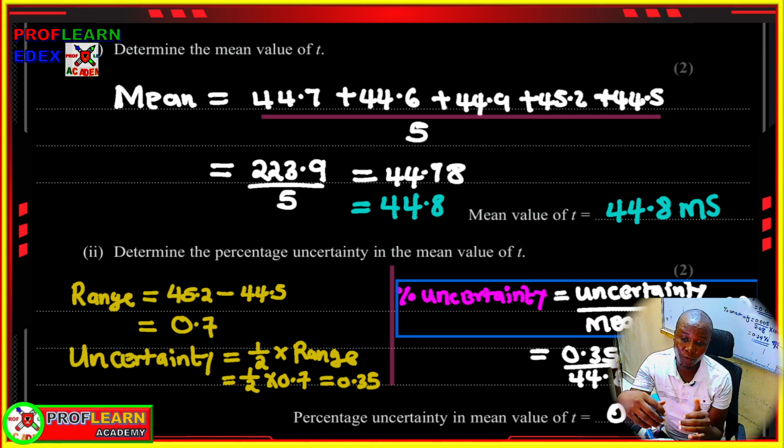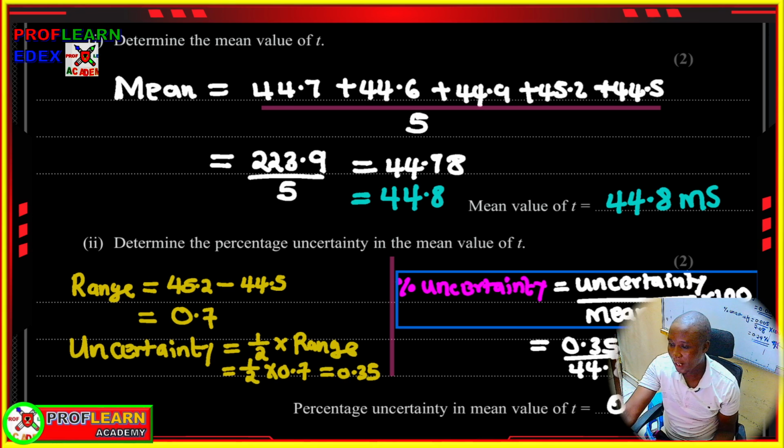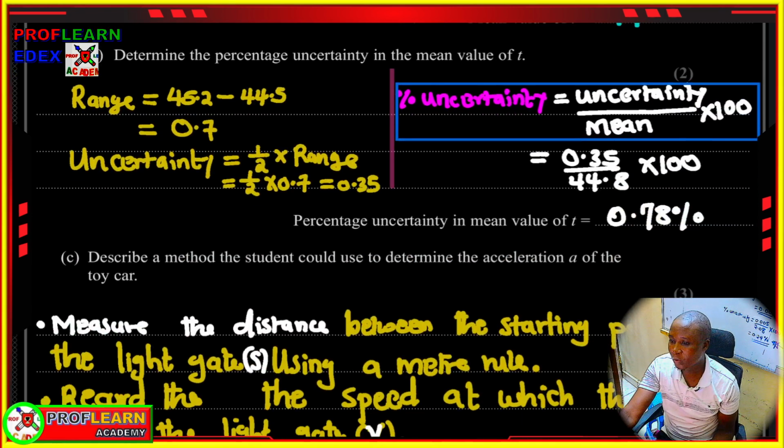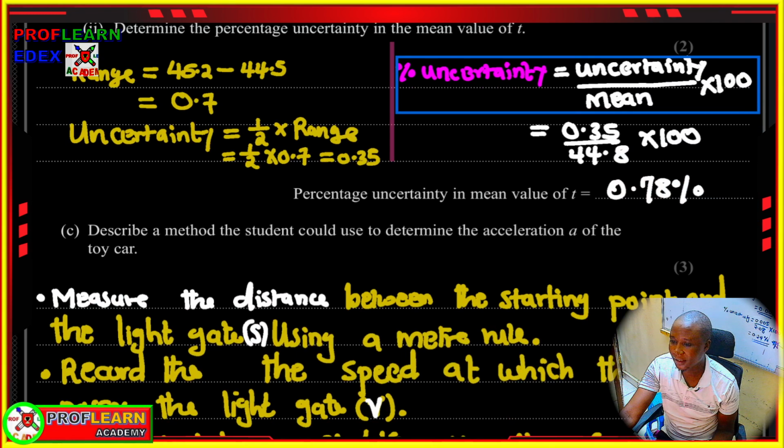Once you've got the range, you can work out the uncertainty, which when you're given a set of values becomes a half of the range. Then percentage uncertainty is the uncertainty over the mean times 100.